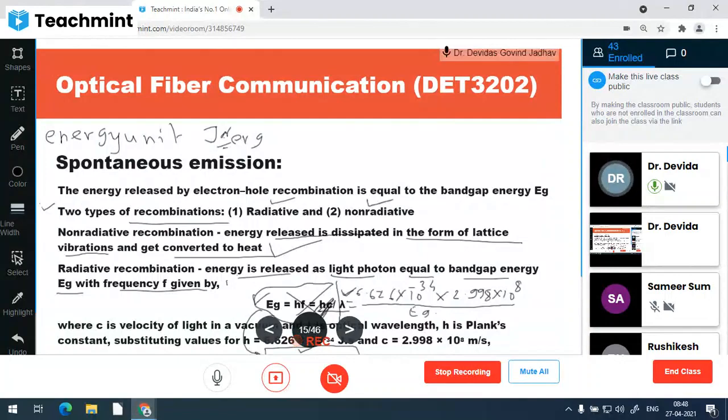To write it, we need 10 raised to minus 19, 10 raised to minus 18, 10 raised to minus 20. So every time in calculation, taking 10 raised to minus 19, minus 20 becomes tedious.